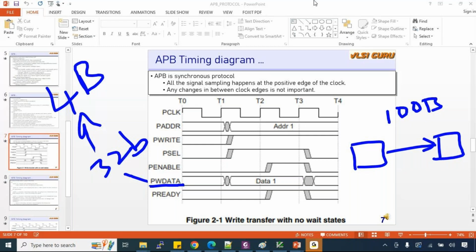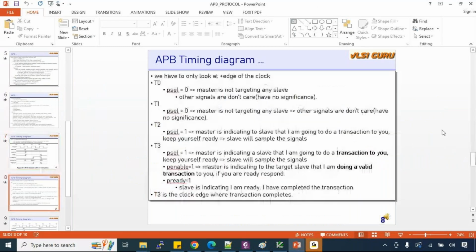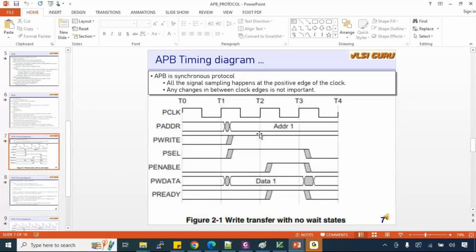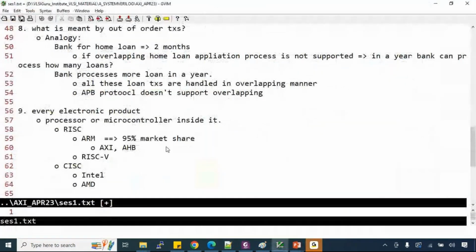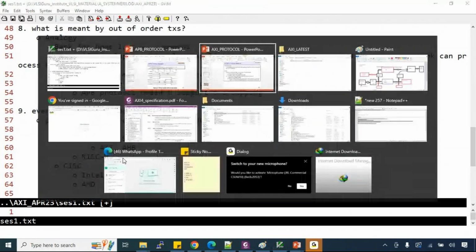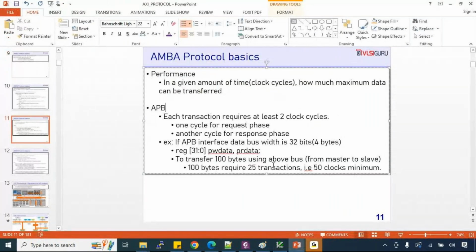You have got that calculation. So everyone, I hope you have understood that. It will take 50 clock cycles to transfer using APB.